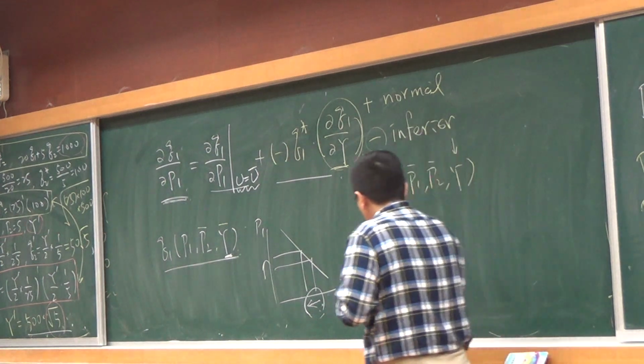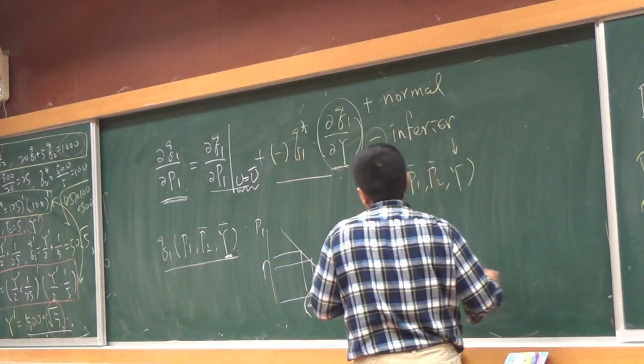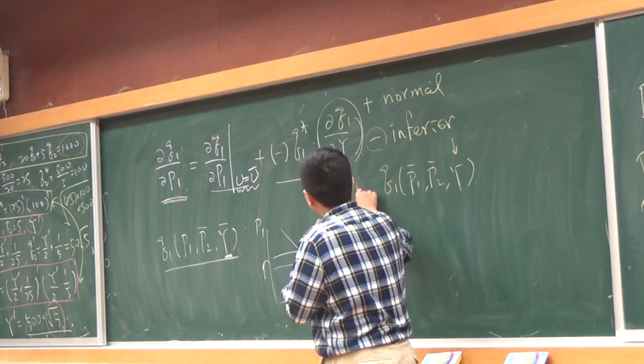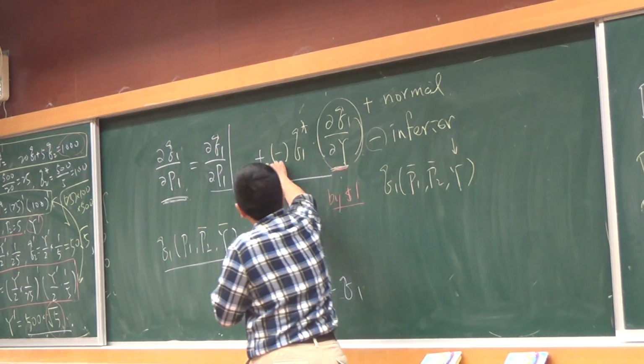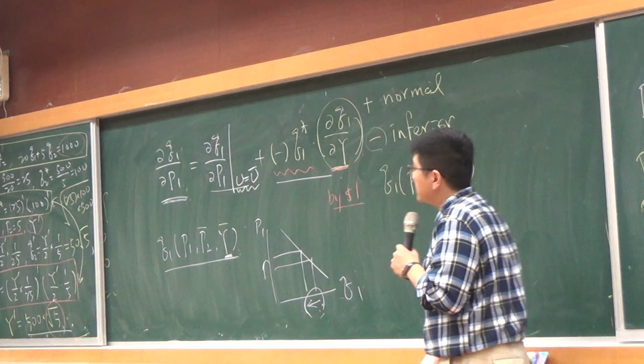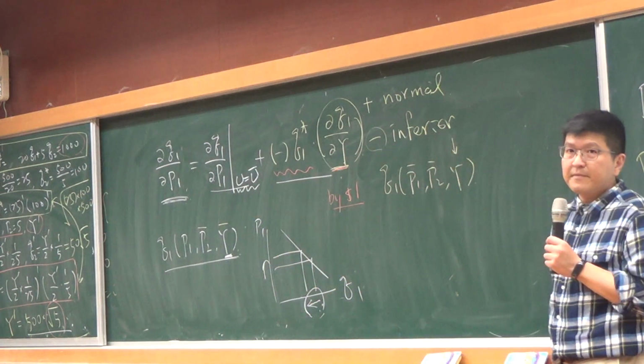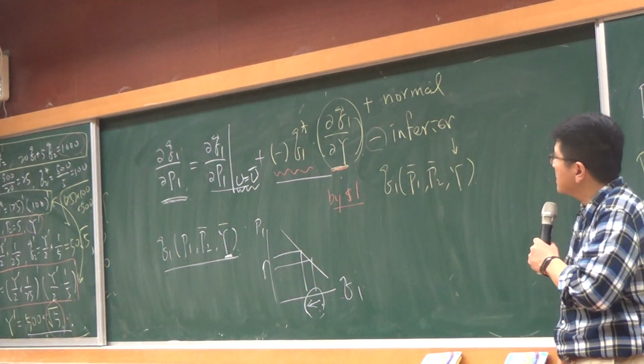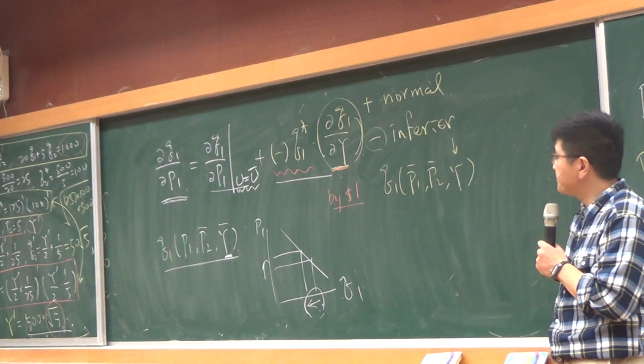Okay? Alright, so this is the effect by $1. What about this? How can we interpret this term?